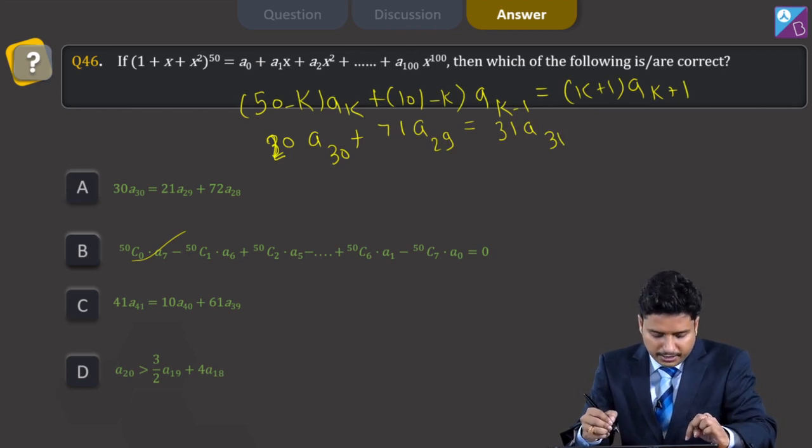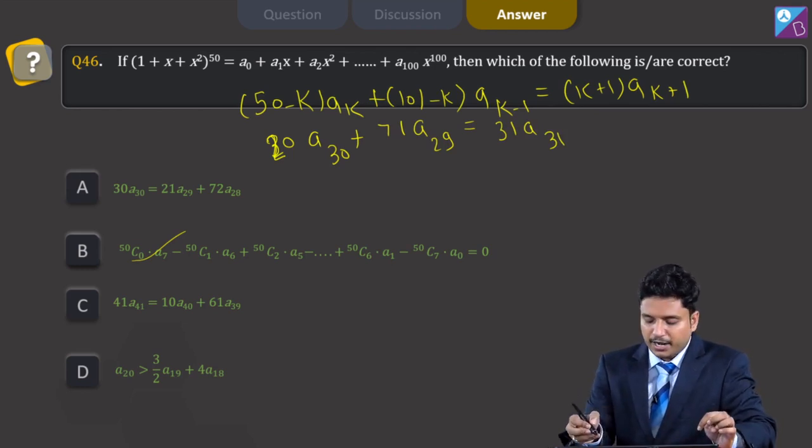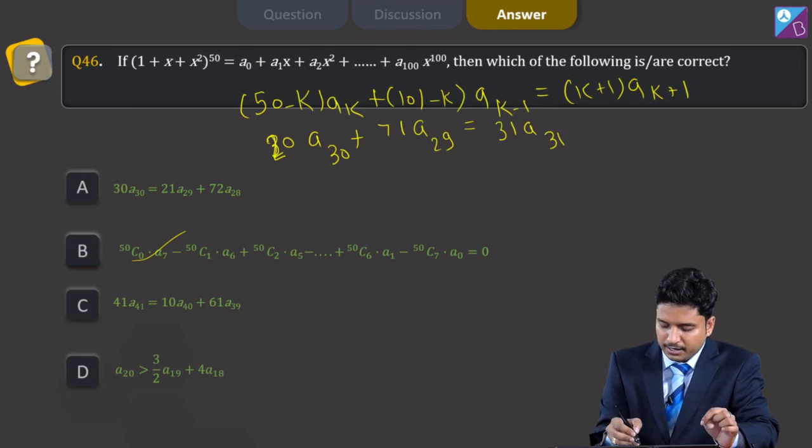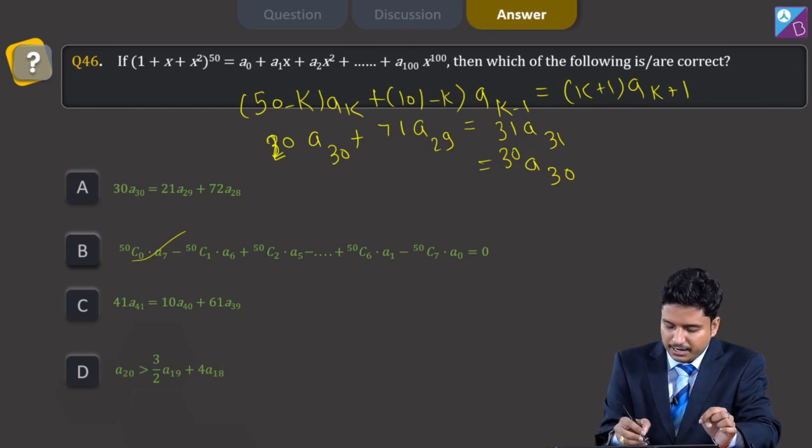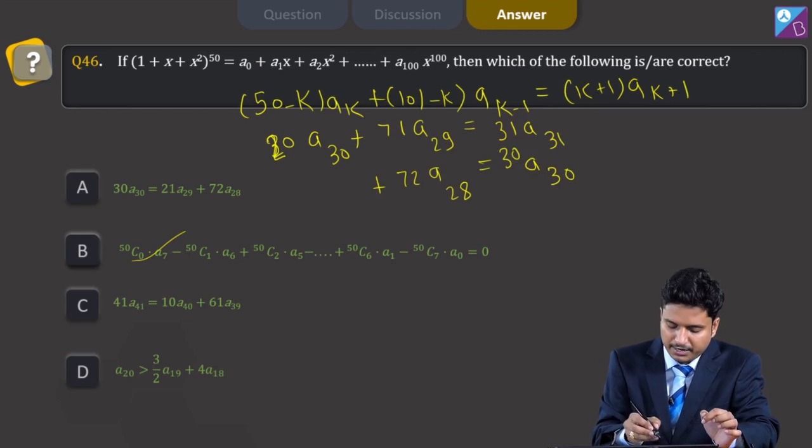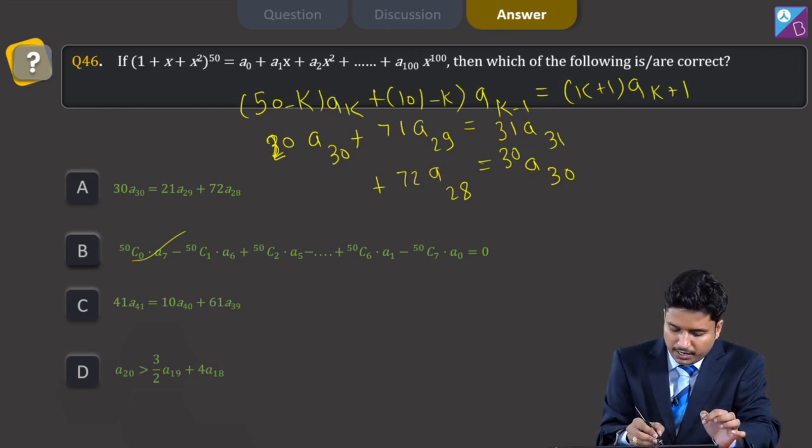In option A it is actually 30 a30, so you have to try and find out k is equal to 29. In case of k equal to 29, it will be 30 a30 in the right hand side, and here it will be 72 a28 plus here it will be 50 minus 29, so it is 21 a29.